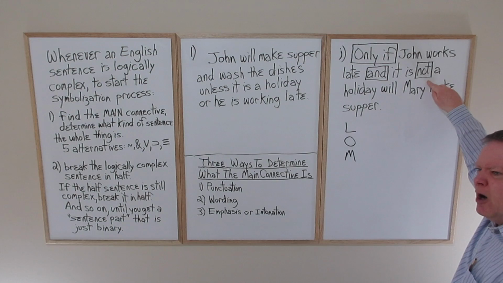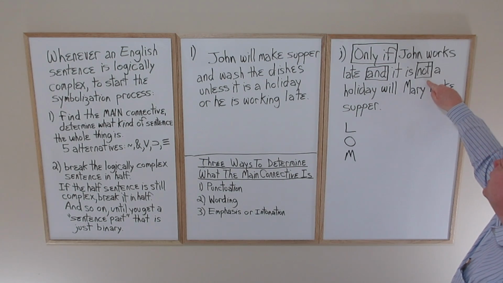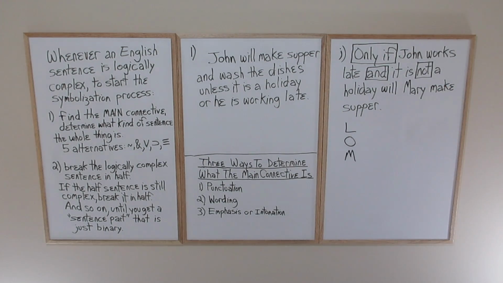It's not very often going to be the one place not. It can be where the entire sentence is the negation or denial of some logical relation that may be fairly complex.